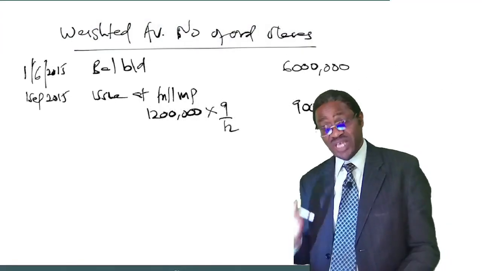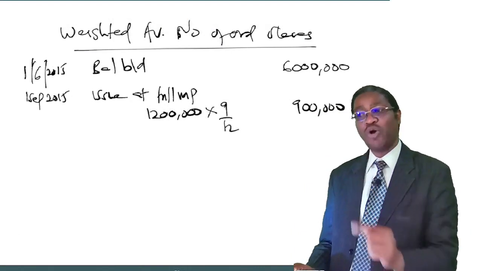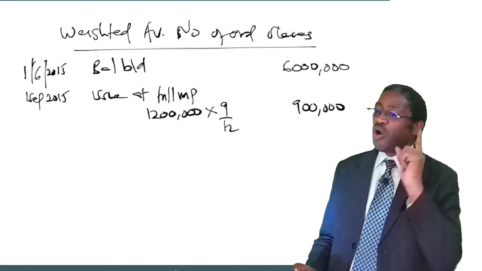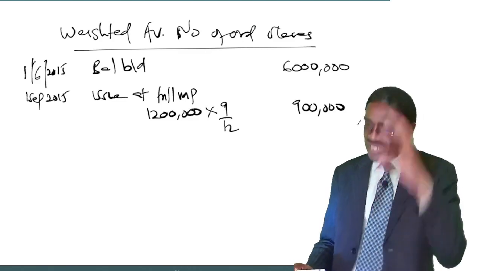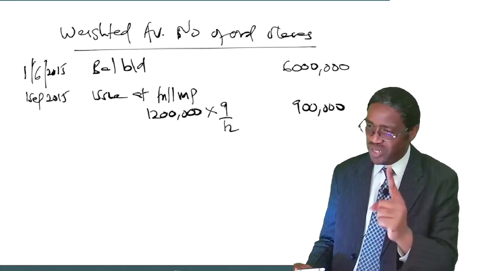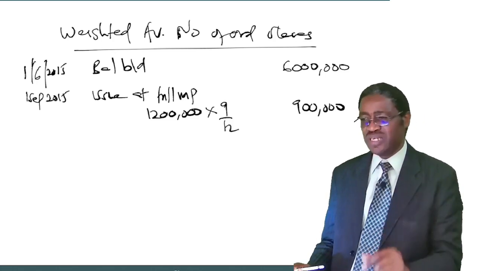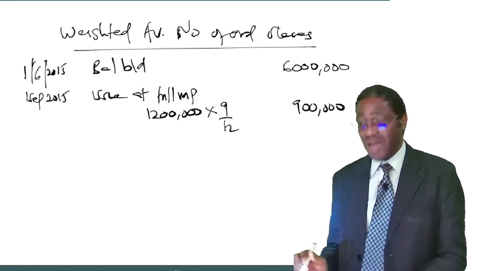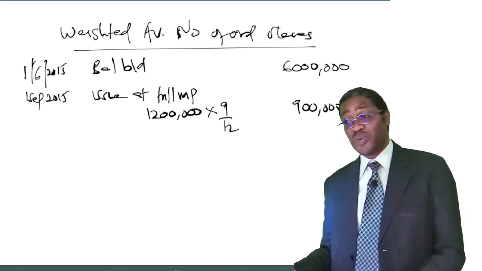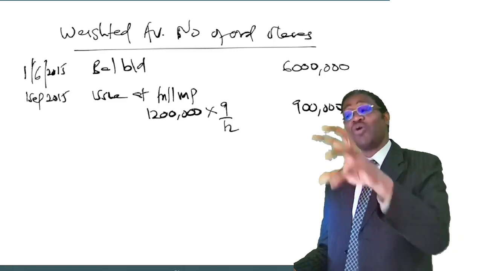Listen, we say when shares are issued and they are partly paid, I hope you still remember the rule. When shares are issued and they are partly paid, we said only consider them to the extent that they are fully paid. In other words, only to the extent that they will participate in dividend. This question has even reminded you that they are participating in dividend only 50%. We issued the shares at 80, only 40 have paid.